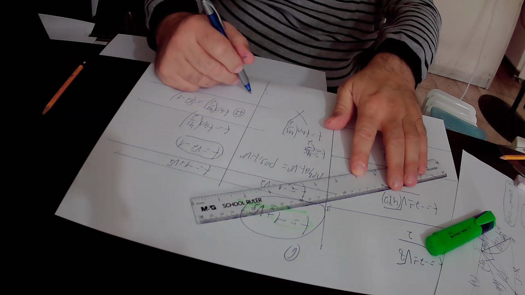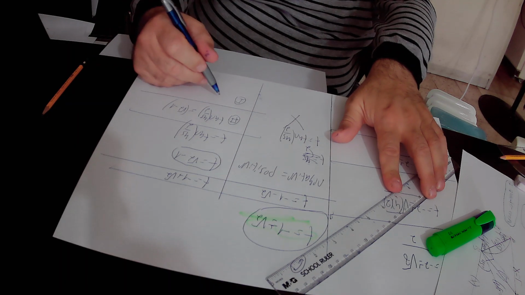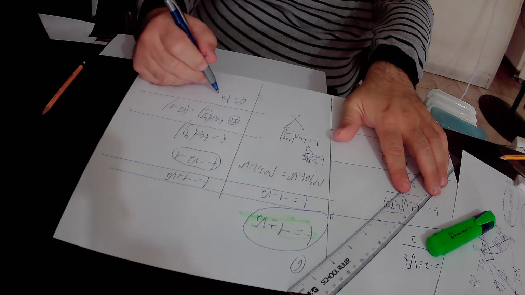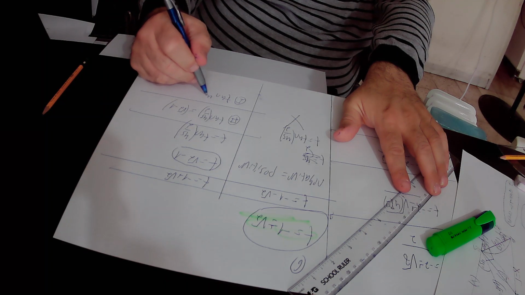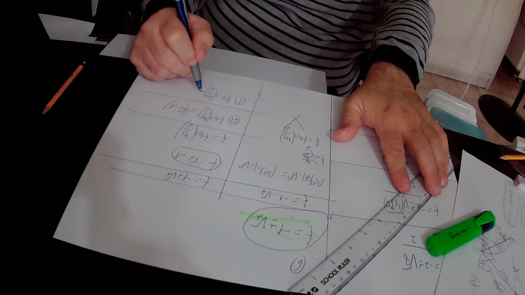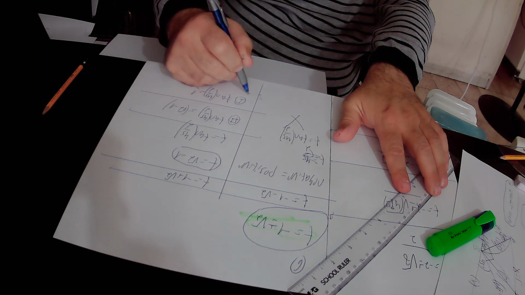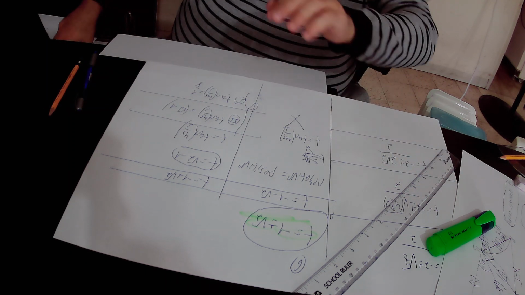While according to equation number 1, we have already found out that tangent 45 over 2 degrees equals 1 over x. Here I show you.